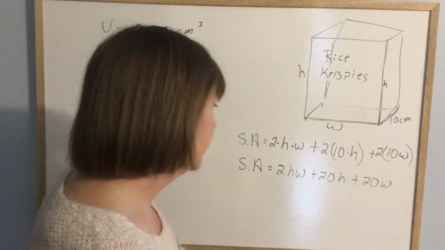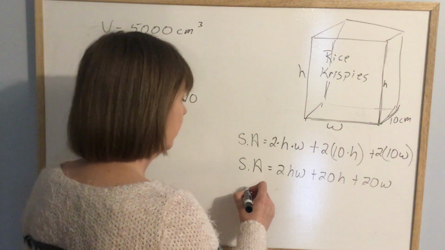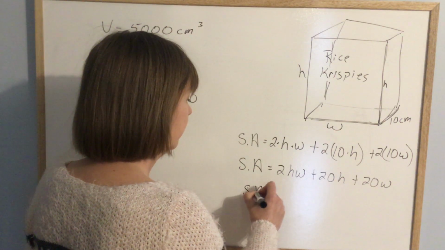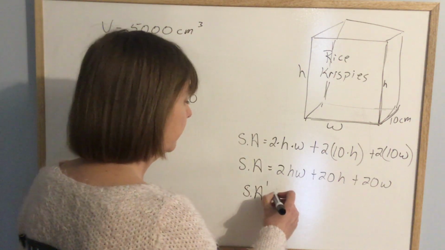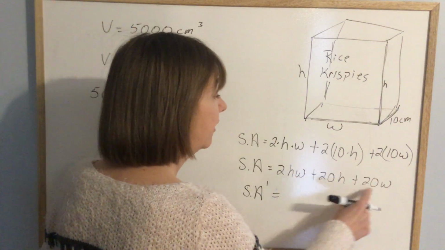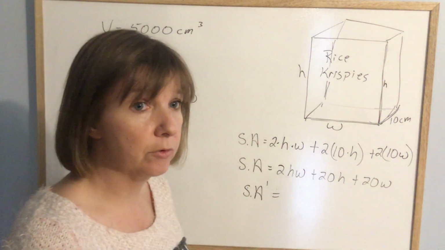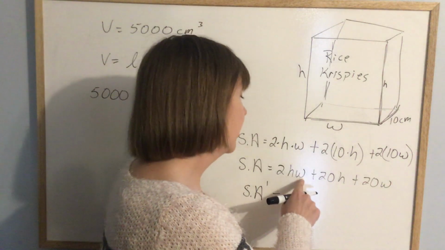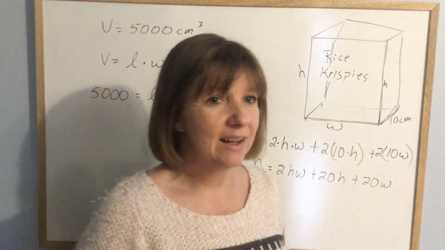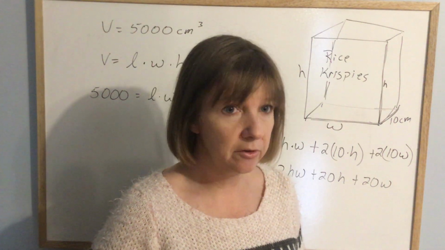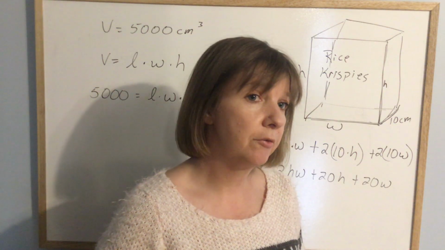The problem with finding the first derivative of the surface area is that I have two different letters over here. I have an H and I have a W. That's going to be very difficult to find the derivative of.